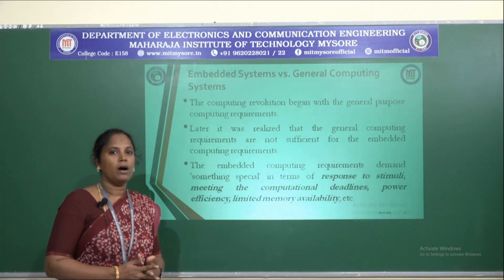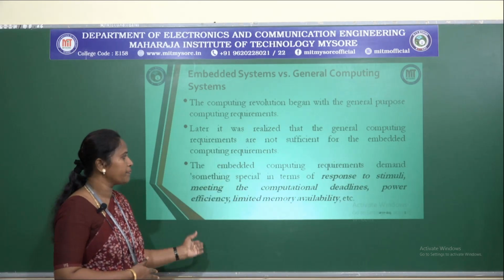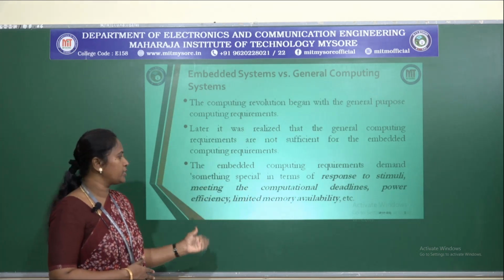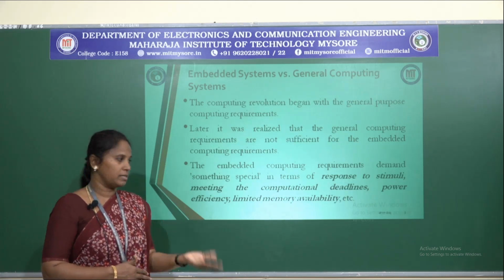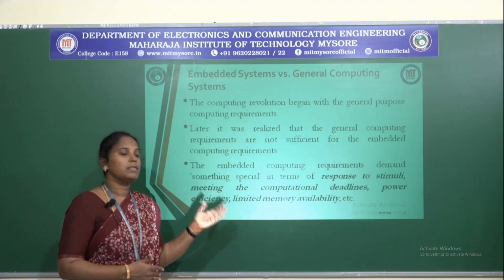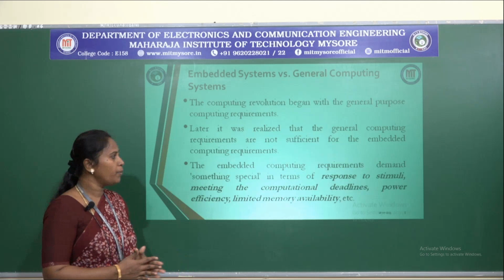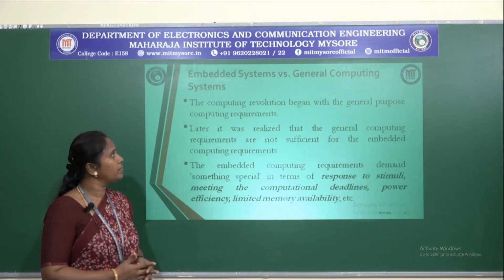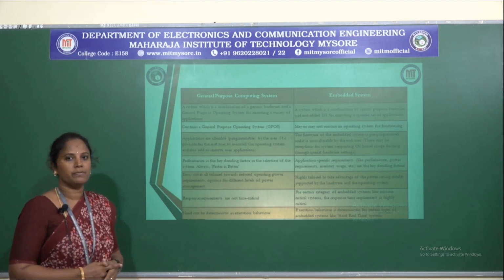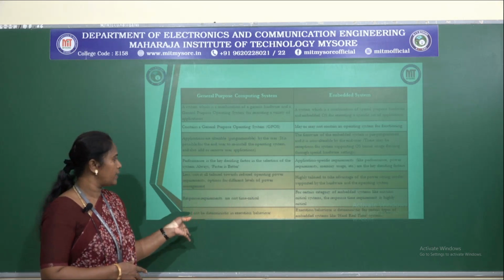That means how your embedded system is unique, in terms of its response time, real time operation, power consumption, efficiency, accuracy as well as memory requirement, etc. These are the points we consider whenever we want to distinguish an embedded system from a general computing system. In yesterday's class also we discussed all these criteria.